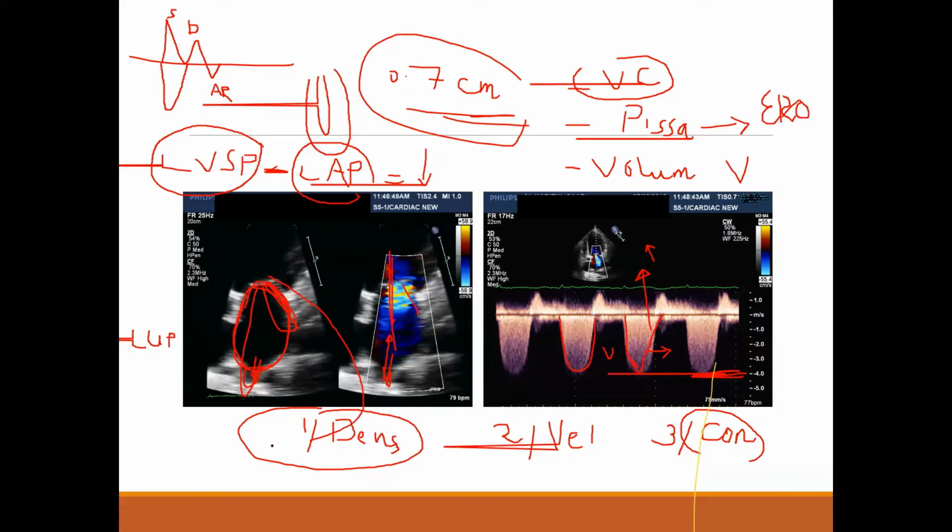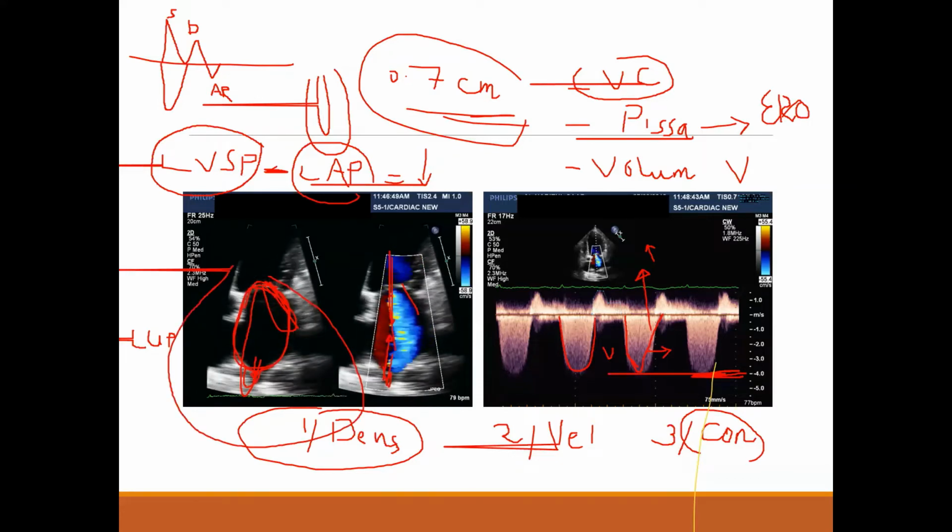But if the left atrium is so big like this, the MR jet is going to be digested before it reaches the ostia of the pulmonary vein. So it is not ruling out severe mitral regurgitation. But if you find it, it rules in severe mitral regurgitation confidently. Okay, so you get these points?